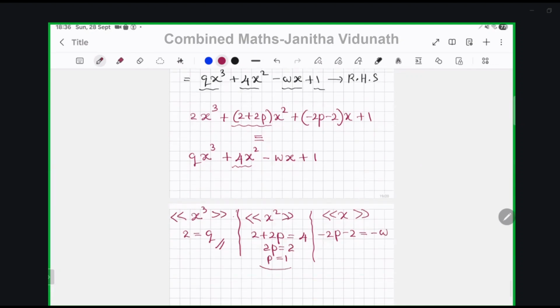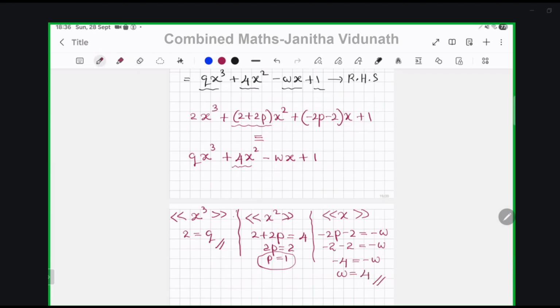We already found p, and here on the left hand side we can simplify, and on the right hand side minus w. Then minus 4 is equal to minus w, so w is equal to 4.